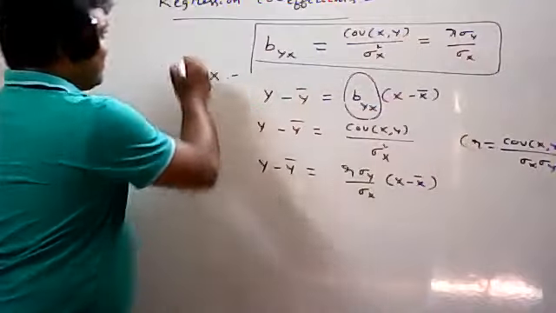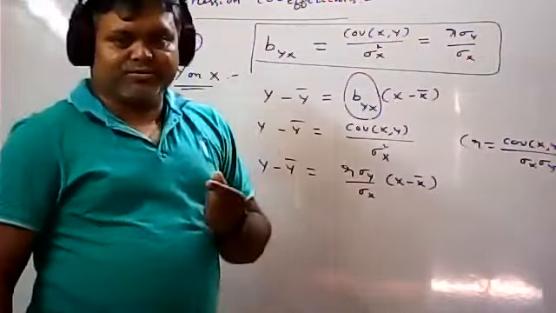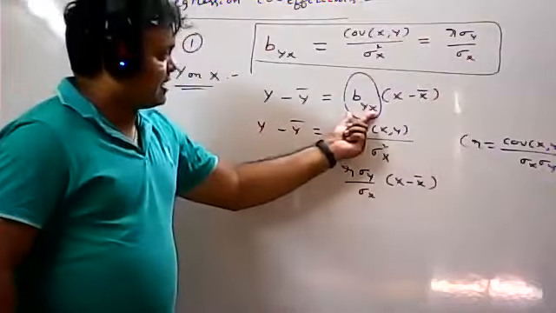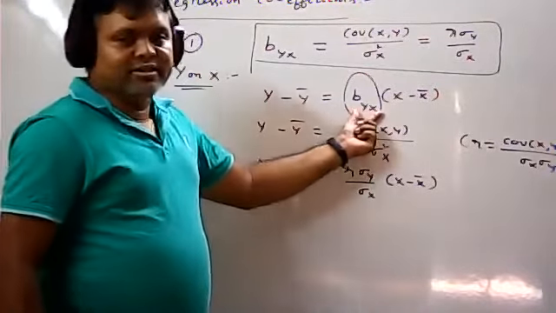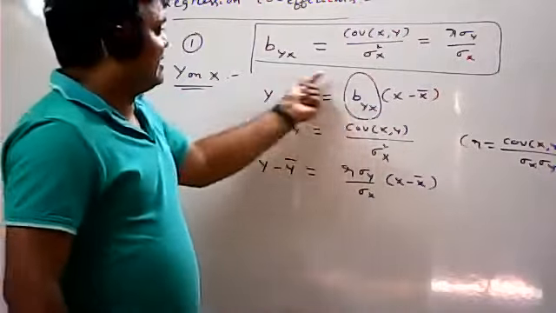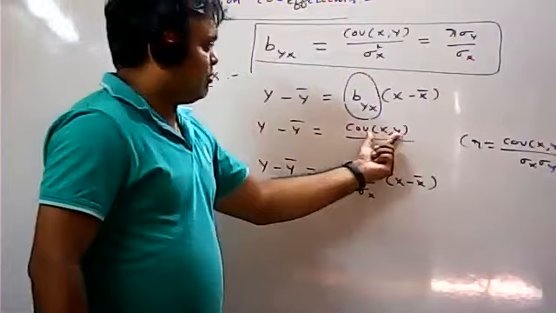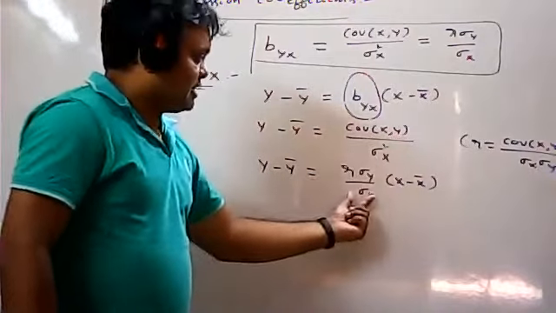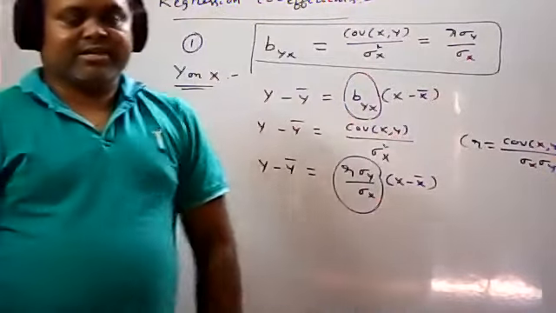So this is the first definition. This is the regression line of y on x, and its slope is the regression coefficient of y on x, denoted by byx, with formula covariance of xy by sigma square x, otherwise r sigma y by sigma x.